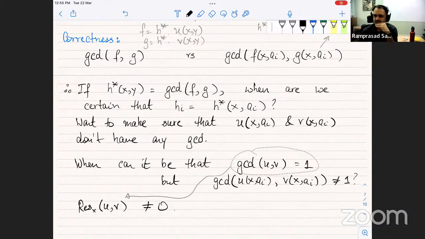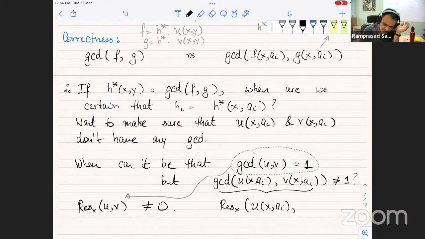Okay, the GCD being 1 is the same thing as saying the resultant is non-zero. What does this mean? It means the resultant with respect to x of u of x comma ai and v of x comma ai is equal to 0. What's the connection between this and this?